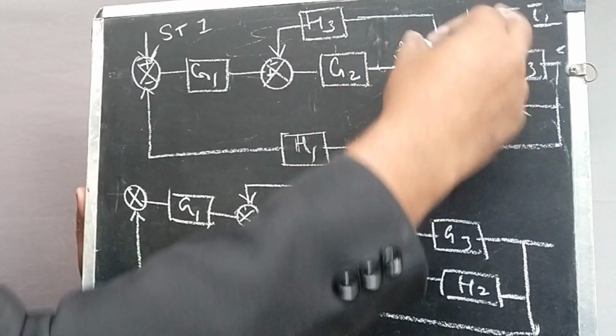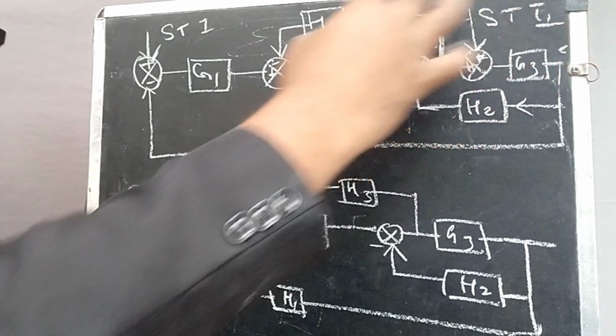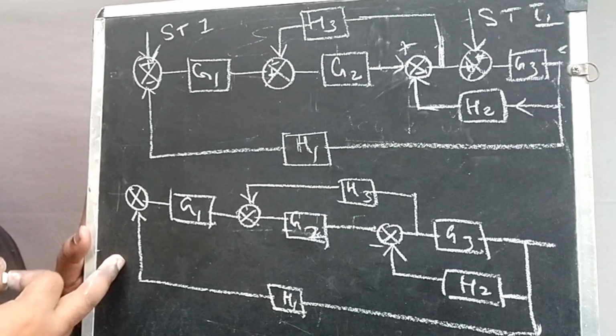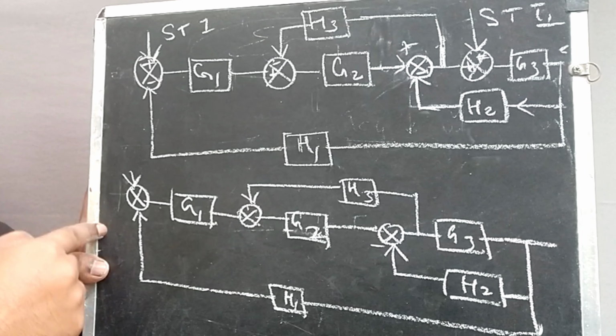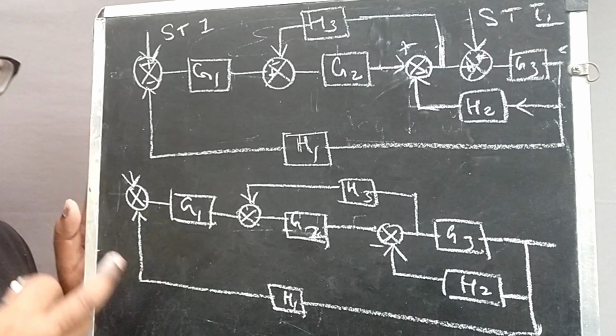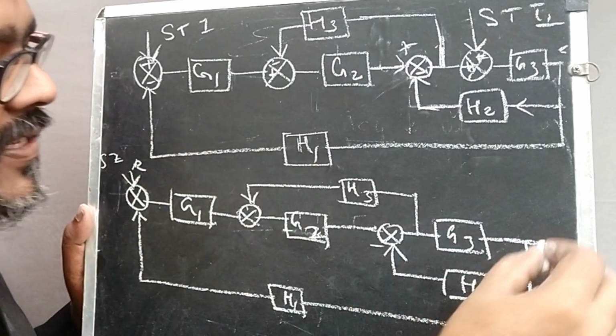So you just leave the station 2, that's all. I just leave the station 2, we remove that and draw the same thing that we have. This is the station 1, because we are supposed to determine the transfer function for station 1 first of all. Then this is considered as R and this is considered as C.